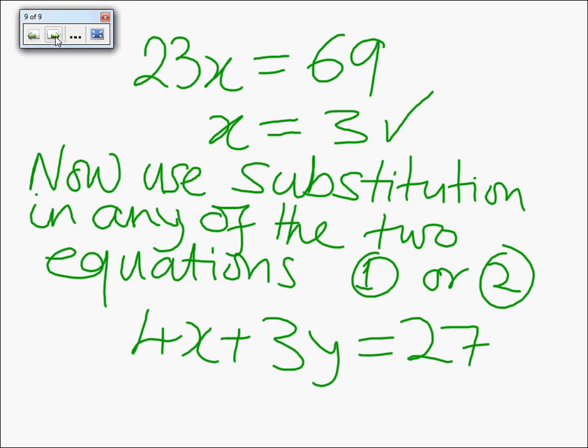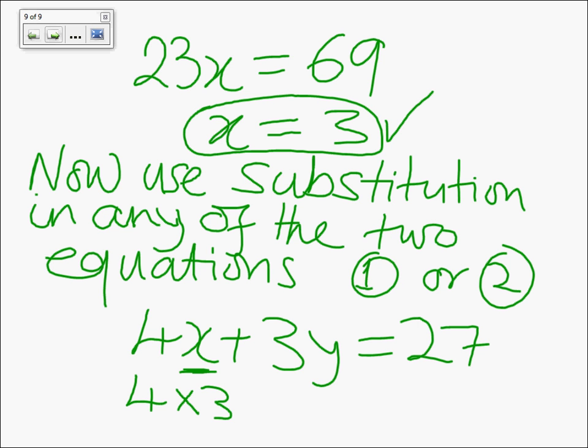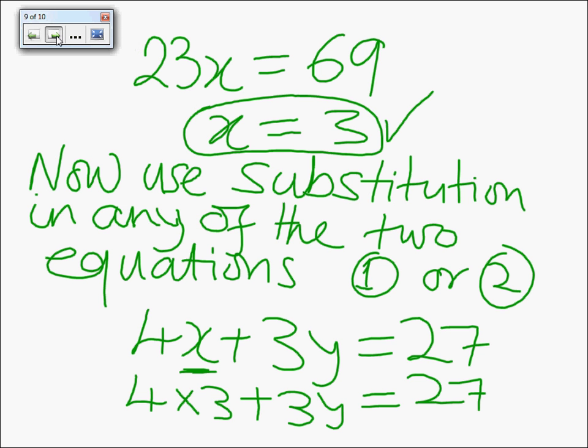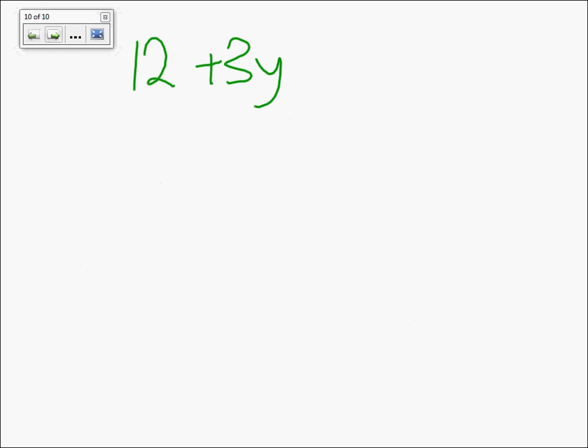If I now put the value of x in that equation, it becomes 4 times 3 plus 3y is equal to 27. So 4 times 3 gives me 12. So what I have now is 12 plus 3y is equal to 27.